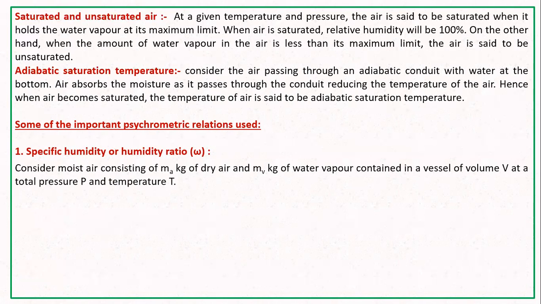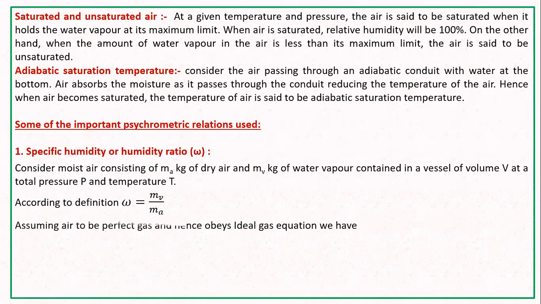That means the water vapor mass is MV and the mass of the dry air is MA in some amount of moist air, which is taken in a vessel of volume V, which is kept at pressure P and temperature T. Now, by definition, specific humidity is nothing but the ratio of mass of the water vapor to mass of the dry air in a certain amount of moist air.